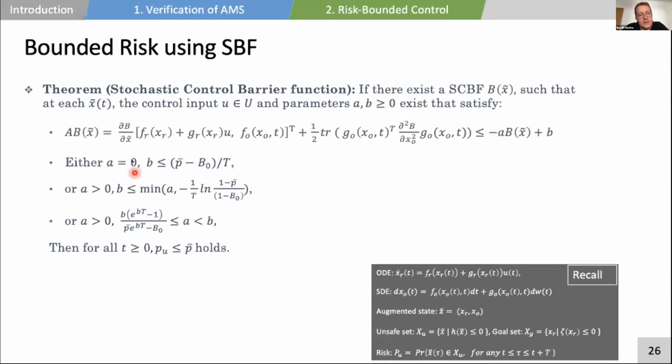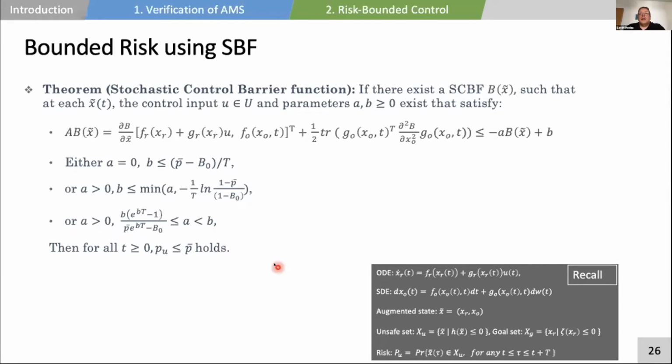Either a is equal to 0 and b is less than this, or a is greater than 0 and b is less than this value, or a is less than 0, then a must be between these two ranges. Then for all t, P_U less than p̂, p̄ holds.